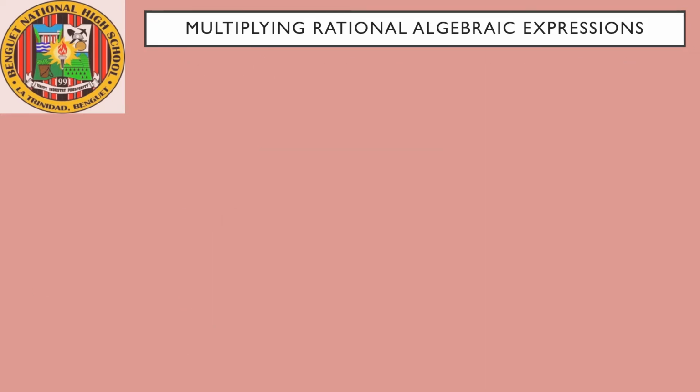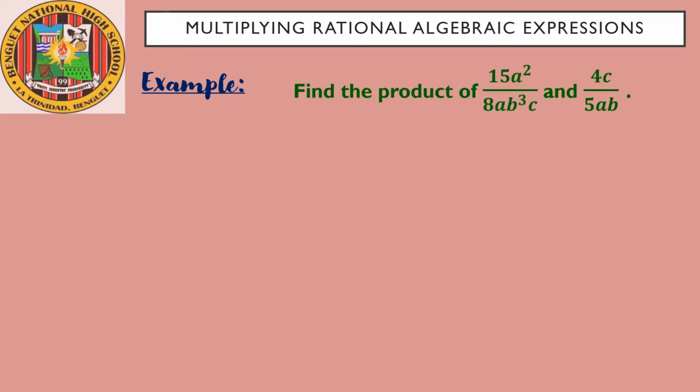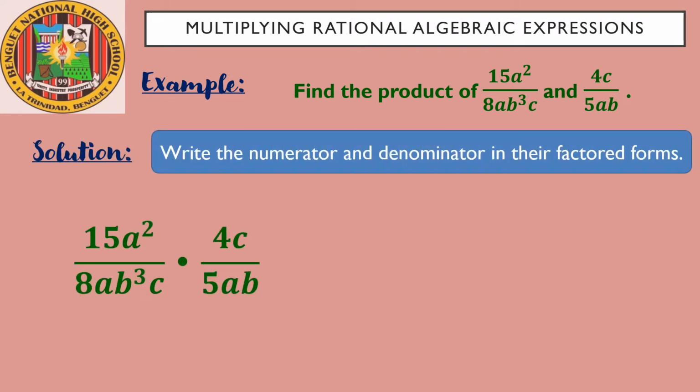Let's study an example. We are going to find the product of 15a squared over 8ab cubed c and 4c over 5ab. To solve this, we first write the numerator and denominator in their factored forms. We have to check each expression for any common factors.